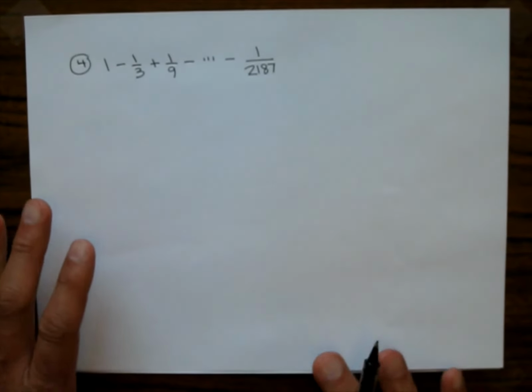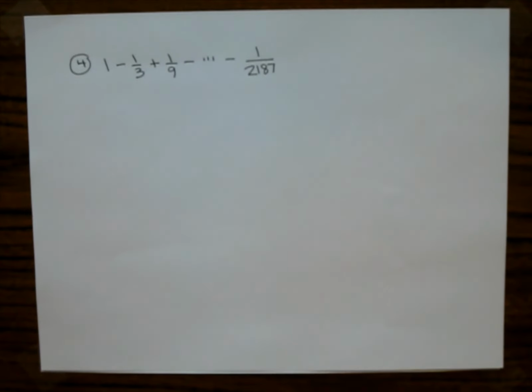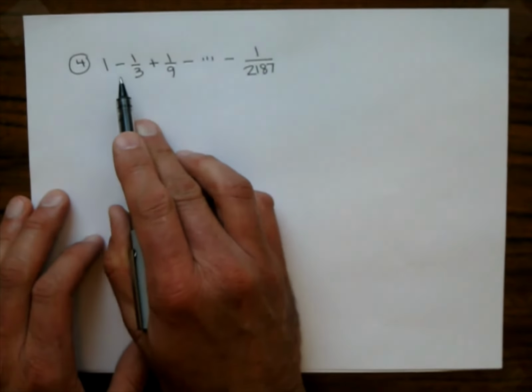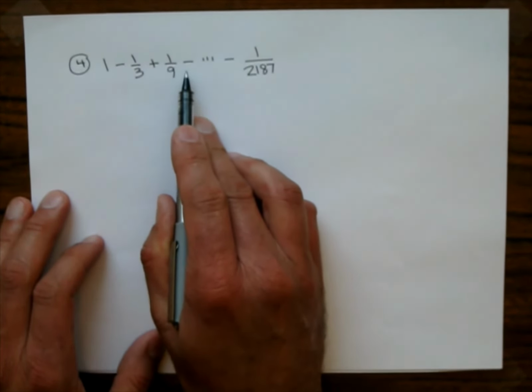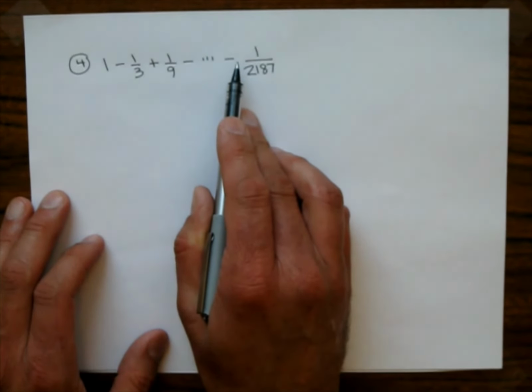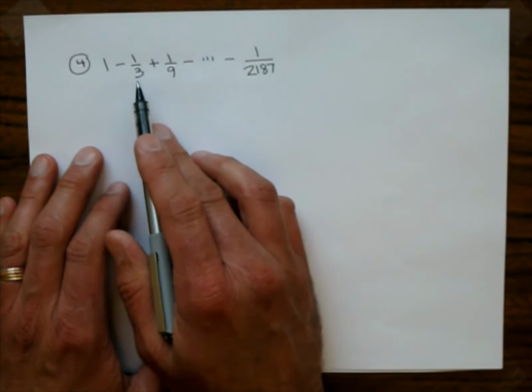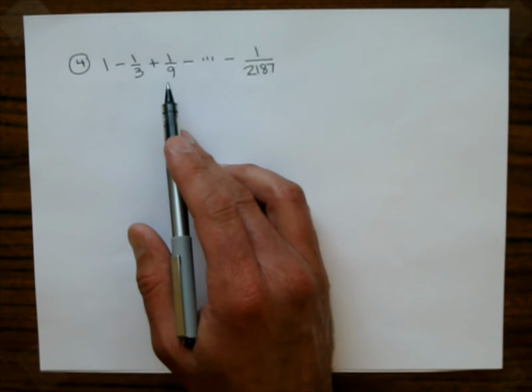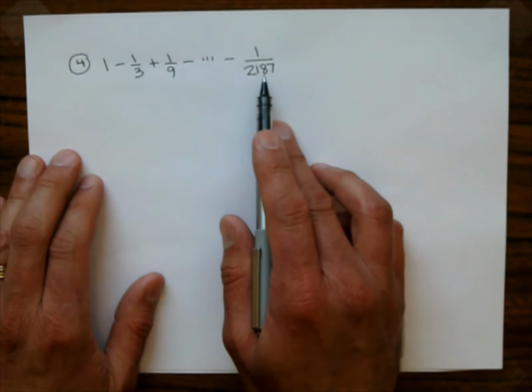This last problem, which is problem number 4, we have 1 minus a third plus a ninth minus something plus something. And so on this one, you might be able to count up and see how many 3's this is.